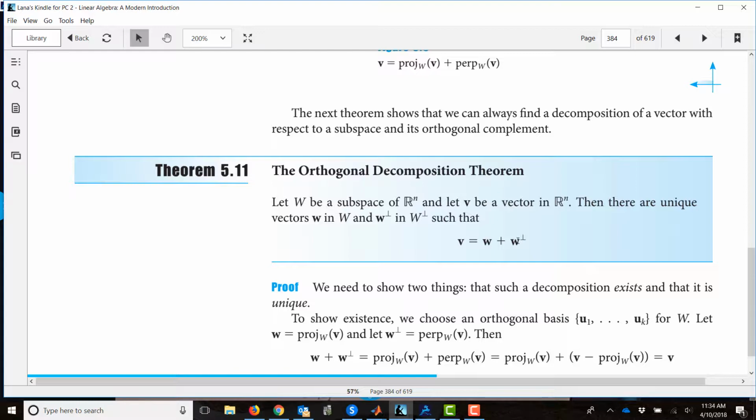But when you look at the proof, that's when they start talking about the U's. Proof. We need to show two things, that a decomposition exists and it's unique. Look at the first thing they do, guys. To show existence, we choose an orthogonal basis for W. See that? Look at the group work.